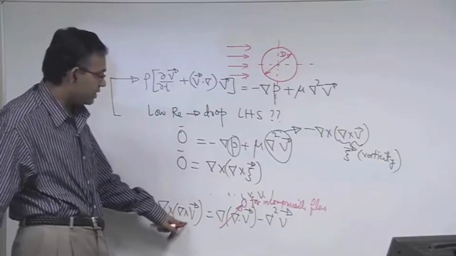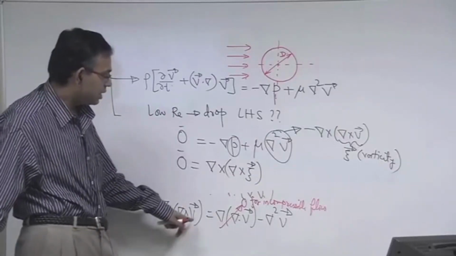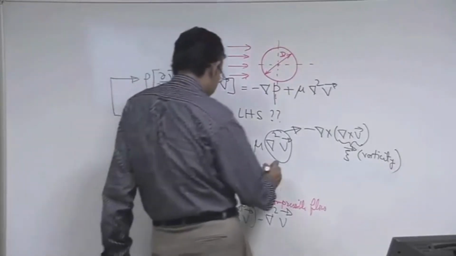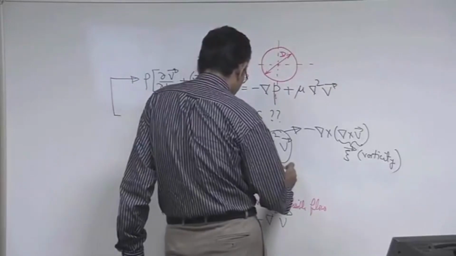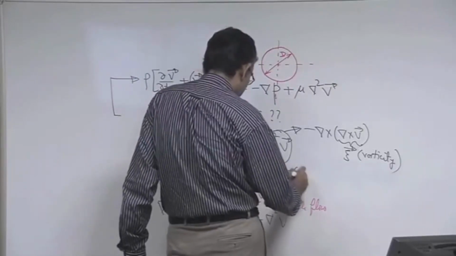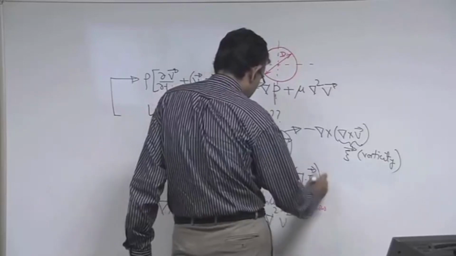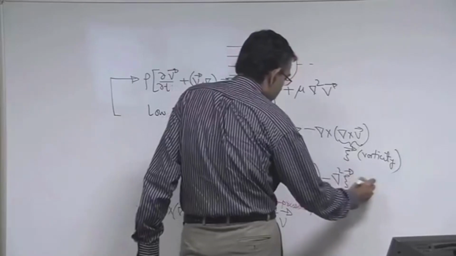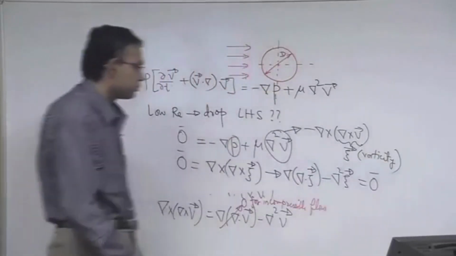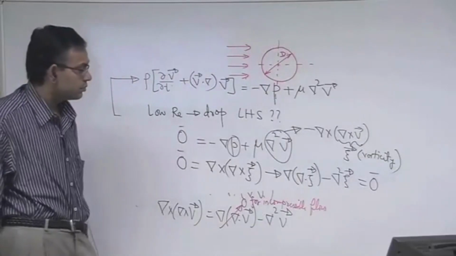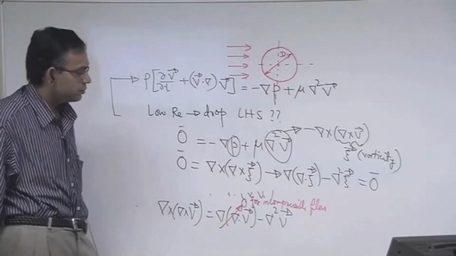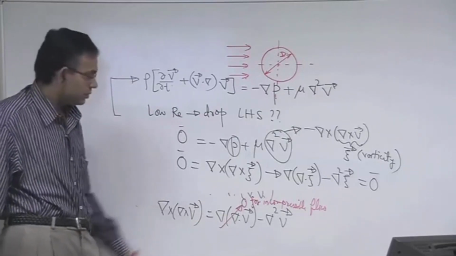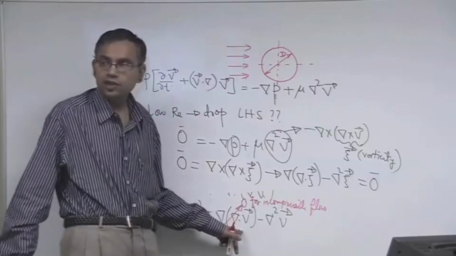Now, we can use the same identity here, just replace V with zeta, right. So, we can write, okay, here instead of V we are using zeta.